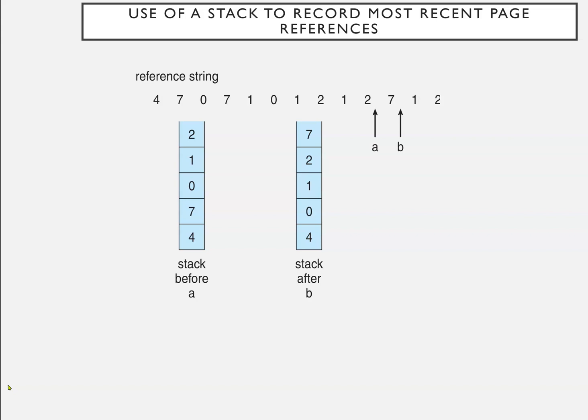Basically these are showing the most recently referenced pages. 4 would fall to stay at the bottom because it's not referenced again, and then similarly 0, as we go through, would be moved down to near the bottom again.